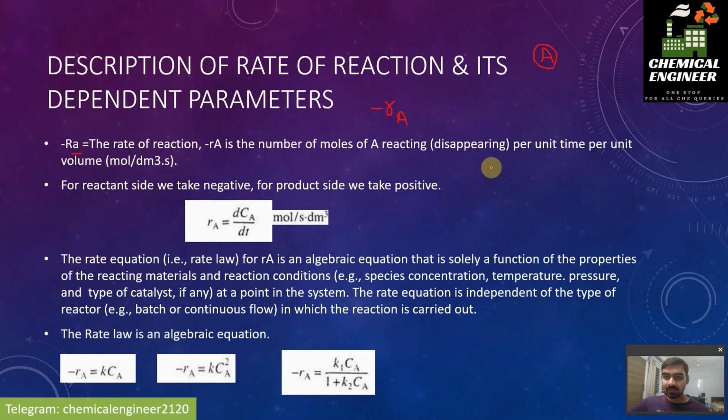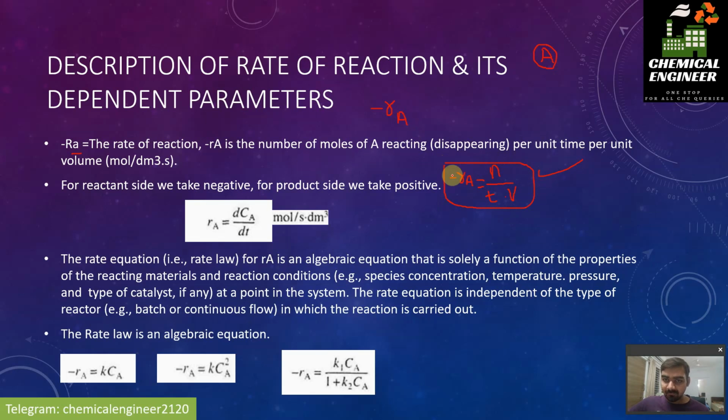So minus rA will be the number of moles disappearing per unit time per unit volume. This will be our rate of reaction.